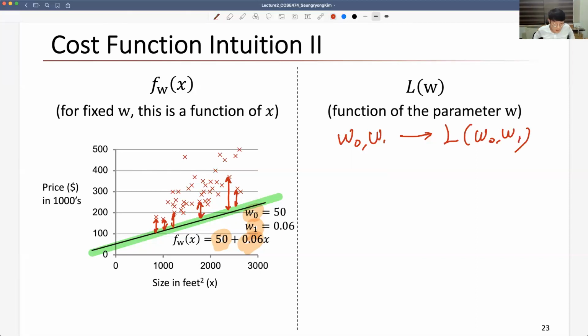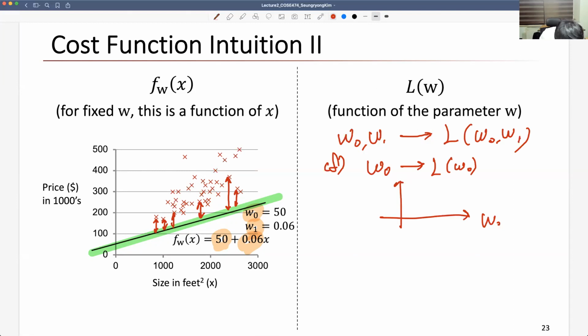Right. Then how can I draw this? For example, if you remember the previous one, where we wanted to find the mapping function, the plot from W0 to L(W) looks like this, the 2D plot, right? Then how can I draw this case?